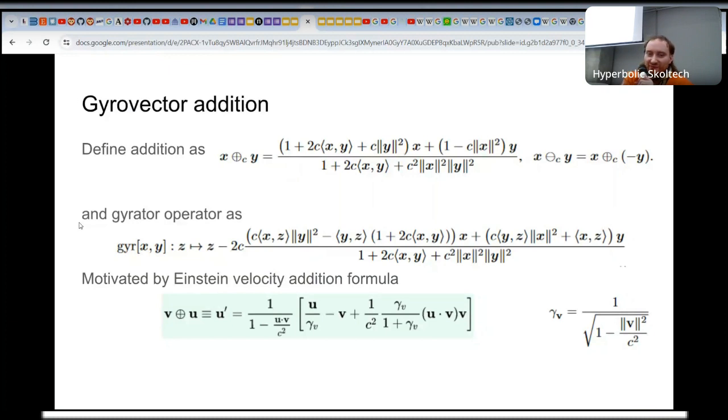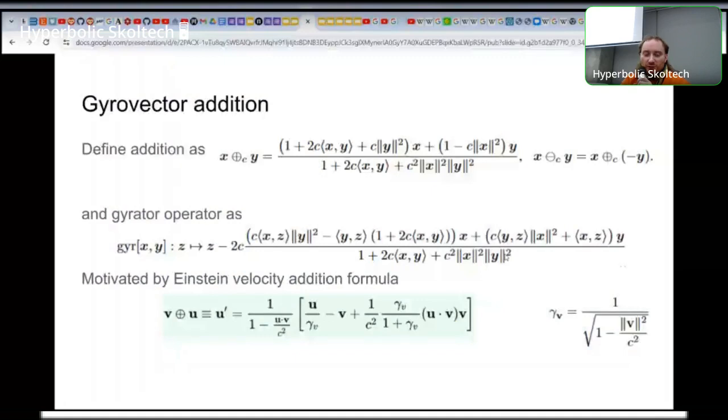Here, the expression of x and y cannot be expressed as a sum of z and something. Well, this is z minus something, and this something is a very complicated function of x, y, and z.